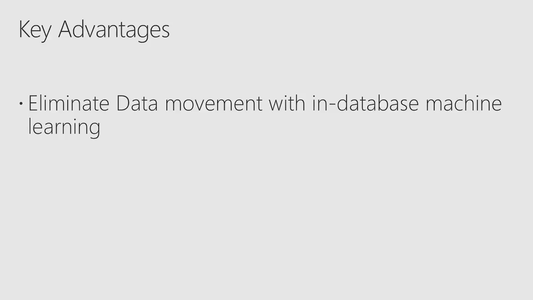First, and the biggest one, is the elimination of the need to move the data from the database to wherever you are doing your Python-based machine learning and compute. That is a very important capability because it gives you a number of benefits.